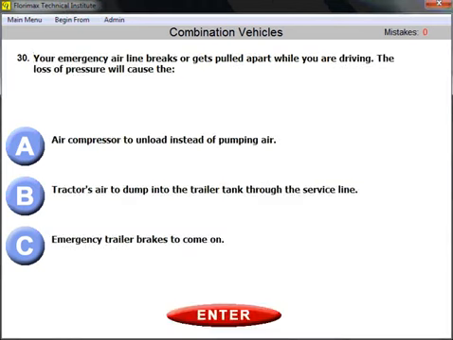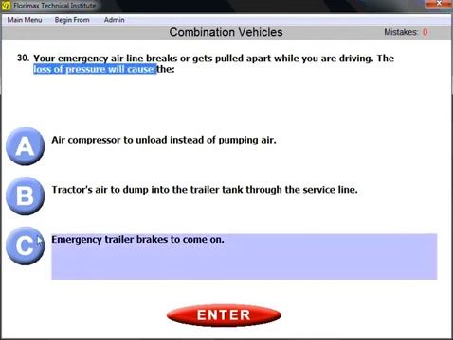Question number 30. Your emergency airline, the red one, gets pulled apart while you are driving. The loss of pressure will cause what? Emergency trailer brakes to come on. Again, simple logic.